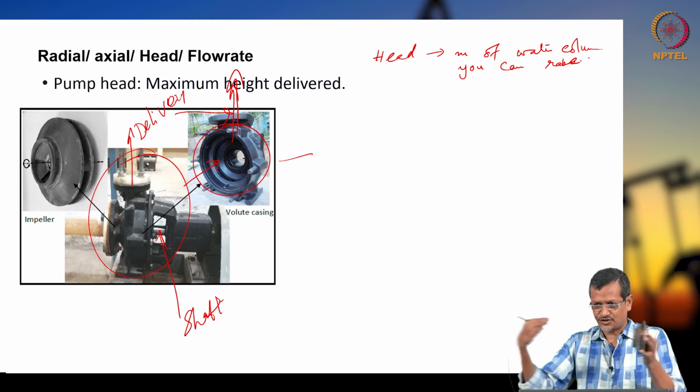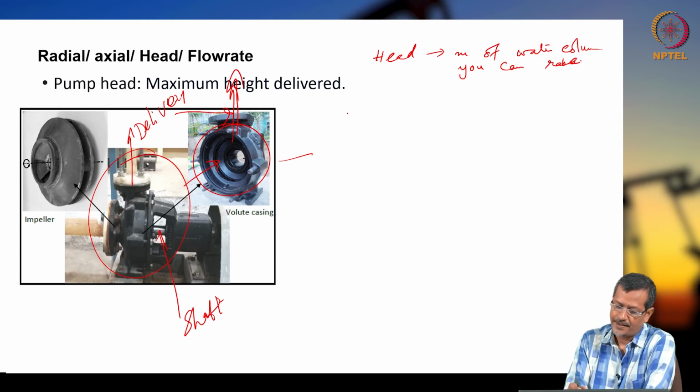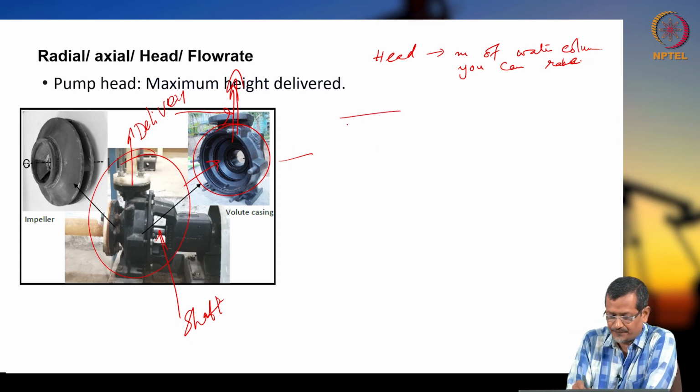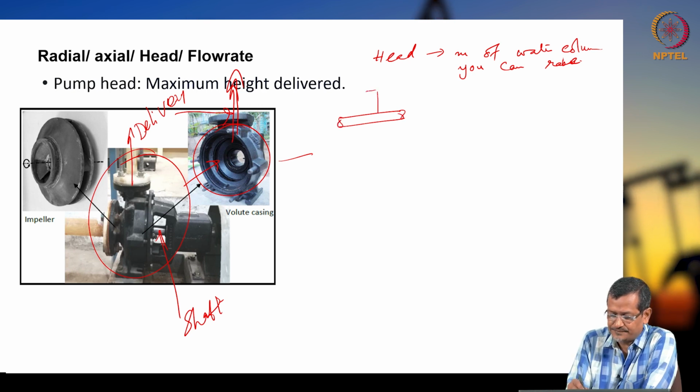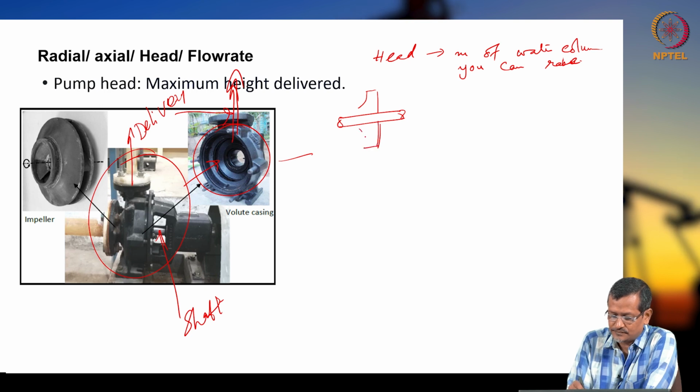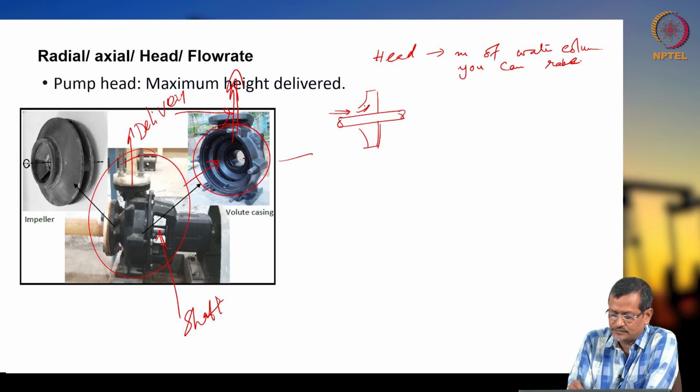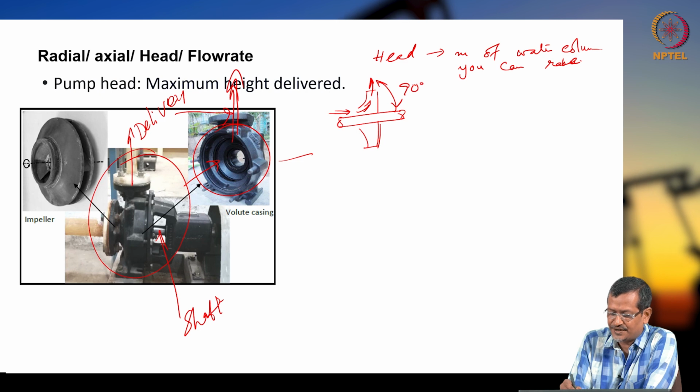I said the flow is going vertically up. Now what is mixed flow, what is axial flow? Let us say I have one shaft here, and my impeller is here. Fluid entering, so what is the angle? This is 90 degree.